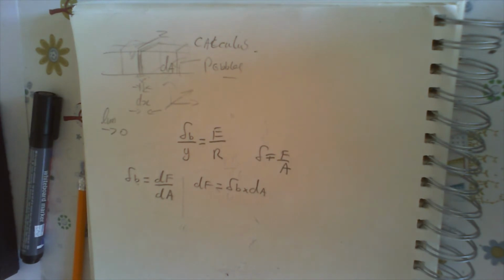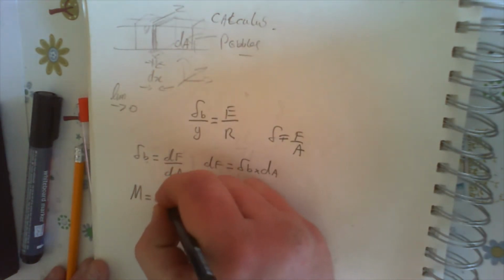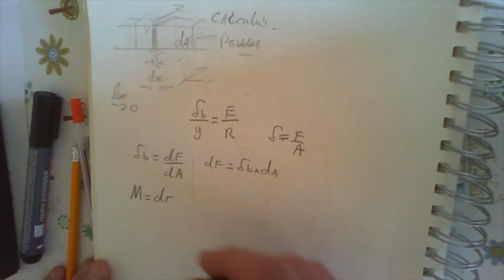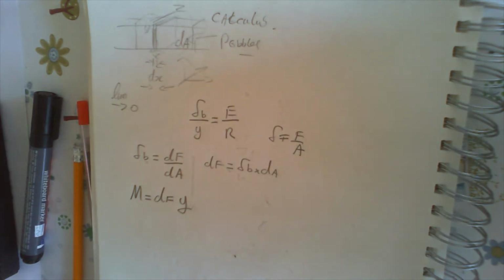Now, if we want to take a moment acting on the area there, the moment is going to equal the force times y, being the distance from the neutral axis.